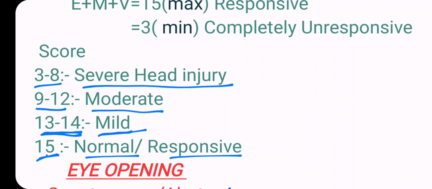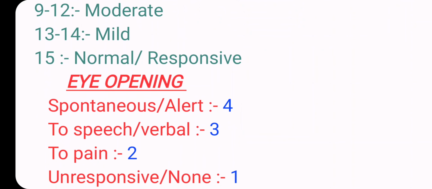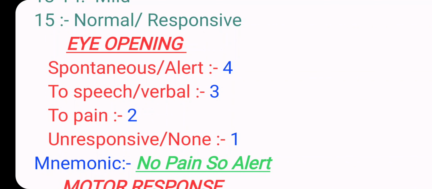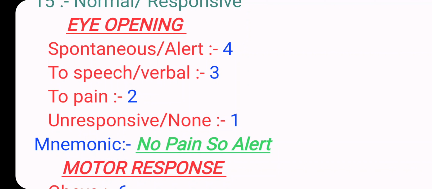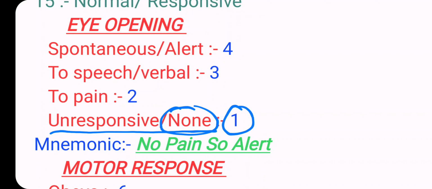Okay, let us start in brief with everything so that you can't forget. Eye opening has 4 criteria. In every one of eye opening, motor response and verbal response, you have to remember that the none value indicates a score of 1.